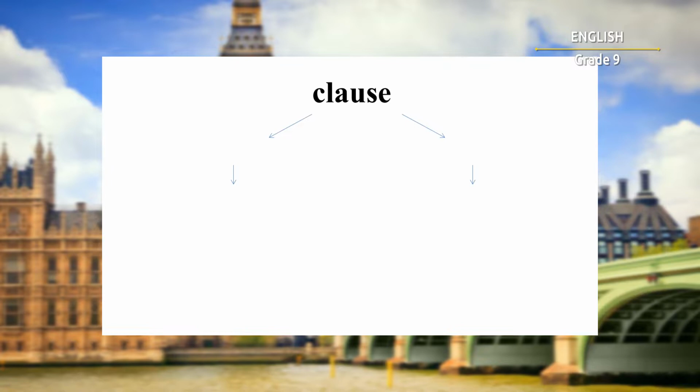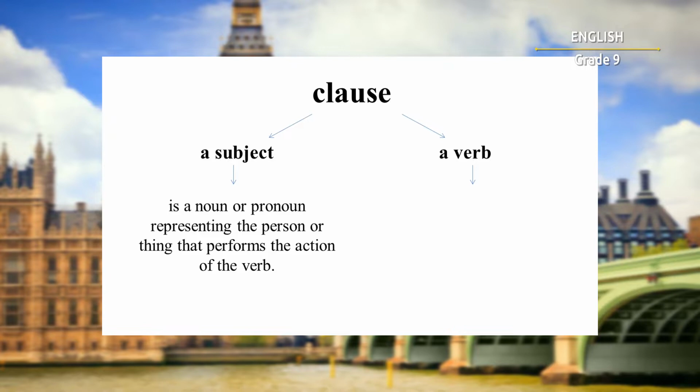Let's make clauses with these words. Do you remember? We need a subject and a verb. A subject is a noun or pronoun representing the person or thing that performs the action of the verb. A verb is a word or group of words that expresses an action.